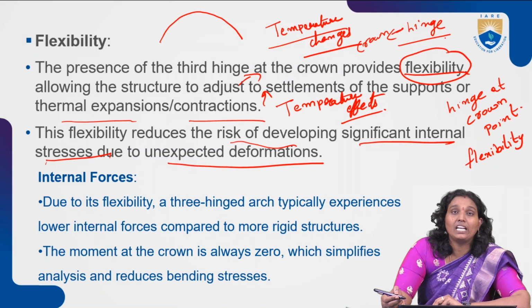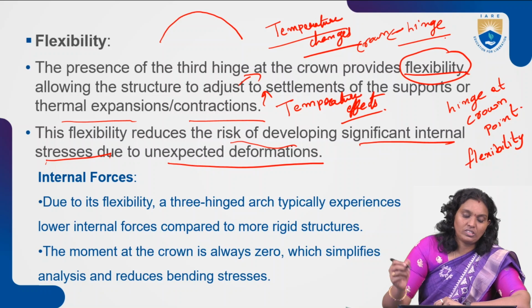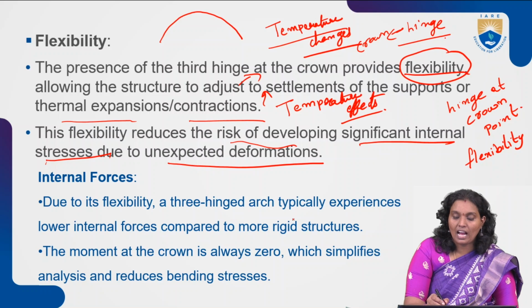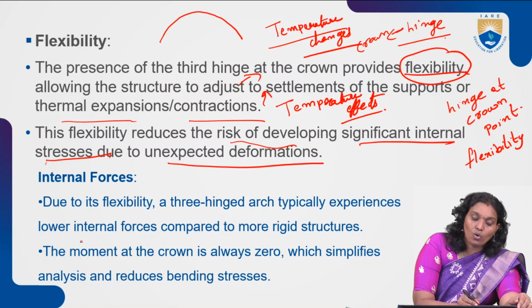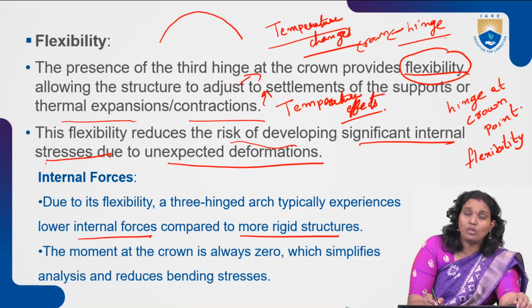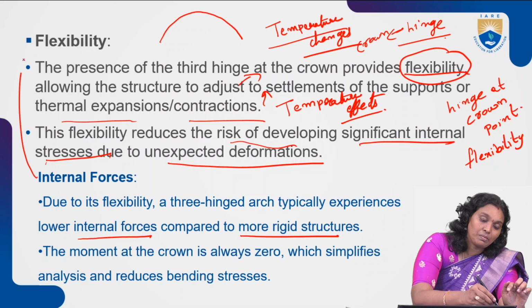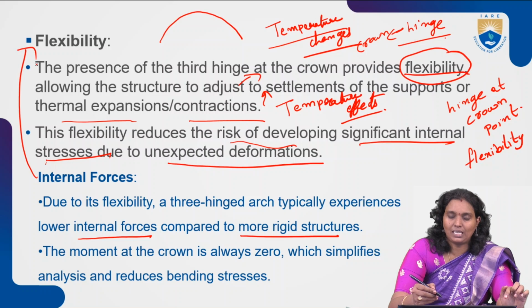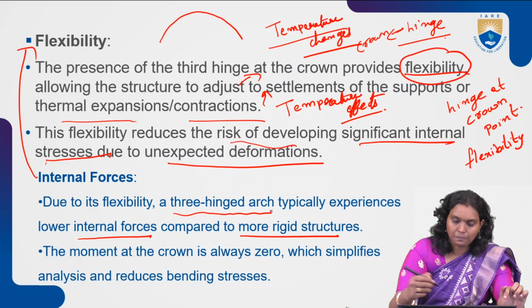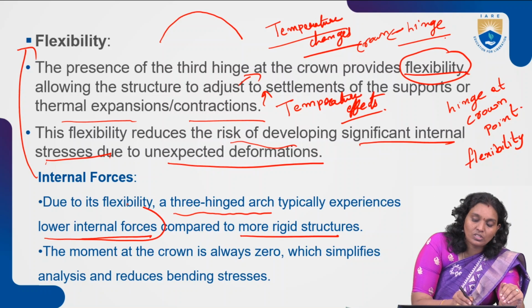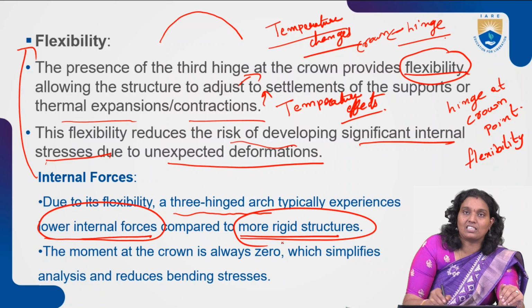Now, what are the internal forces involved in this? Due to its flexibility, a three-hinged arch typically experiences lower internal forces when compared to more rigid structures. So whenever we compare these scenarios, because of the characteristics of this flexibility, three-hinged arches typically experience lower internal forces when compared to more rigid structures.